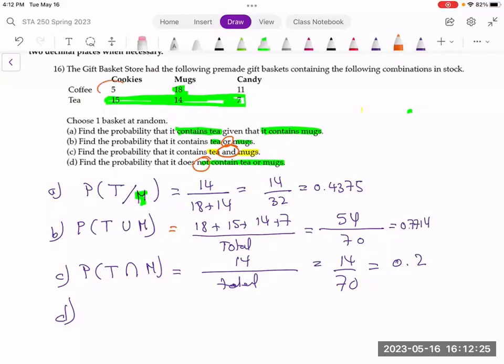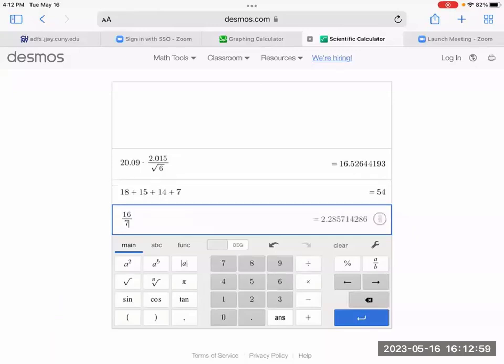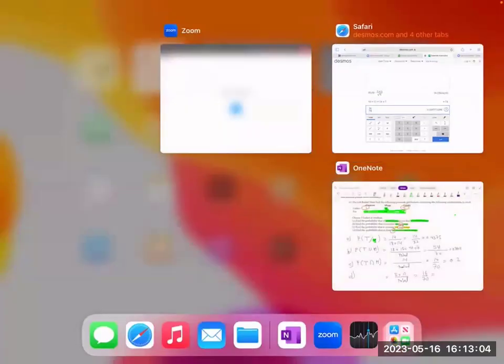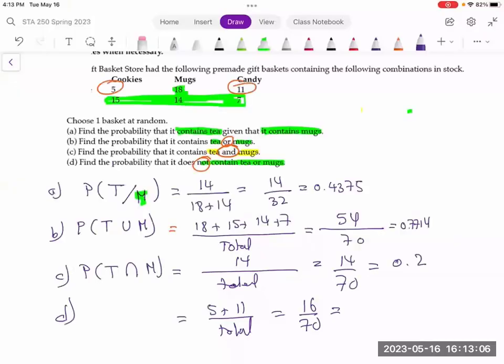So whatever is left is only 5 and 11, right? So the probability that you're looking for is going to be 5 plus 11 divided by total. That's going to be 16 divided by 70, and you do the calculation, which is 0.2286.